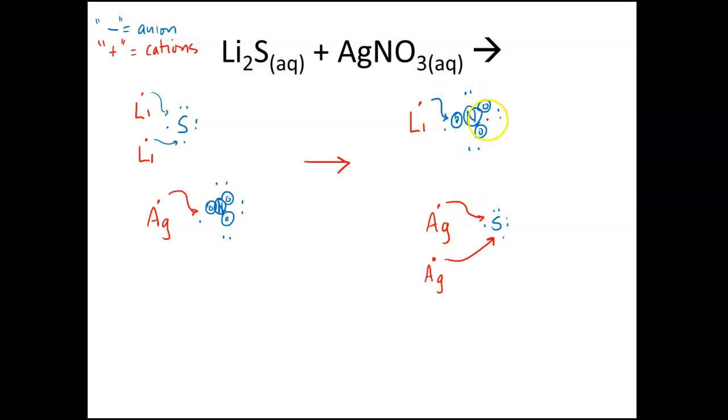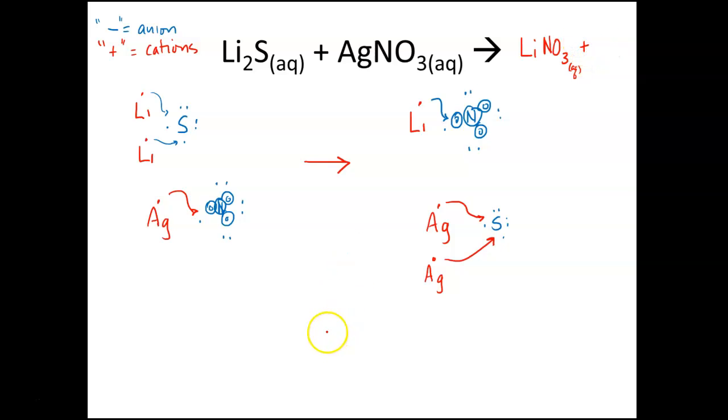All right, so at this point, we recognize that we have lithium nitrate. Remember, we swapped, the red swaps its dates with the blue, and it looks like lithium needs simply 1 nitrate to be content. I look at my solubility chart and I see that these are aqueous.